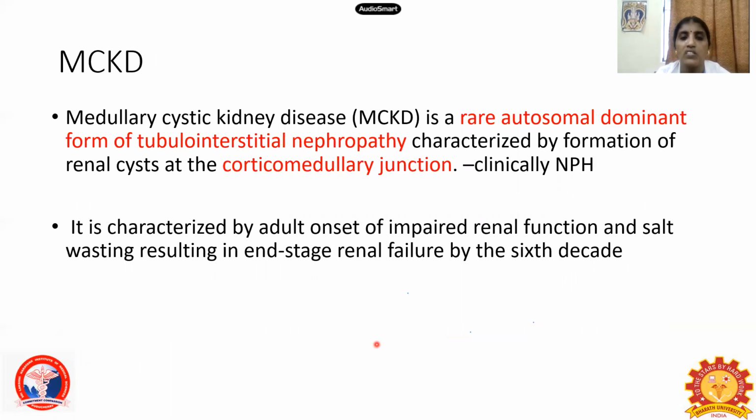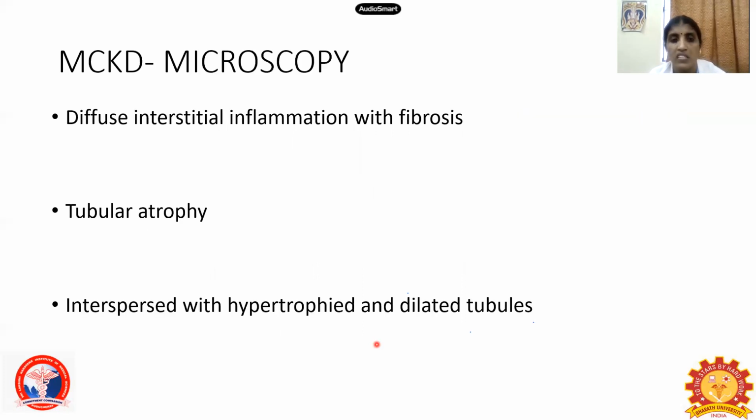Next comes medullary cystic kidney disease, which is a very rare autosomal dominant form of tubulointerstitial nephropathy. As I've already told you, the cysts are located at the corticomedullary junction. This is clinically called nephronophthisis. It is characterized by adult onset of impaired renal function, and salt wasting results in end-stage renal failure by the 6th decade.